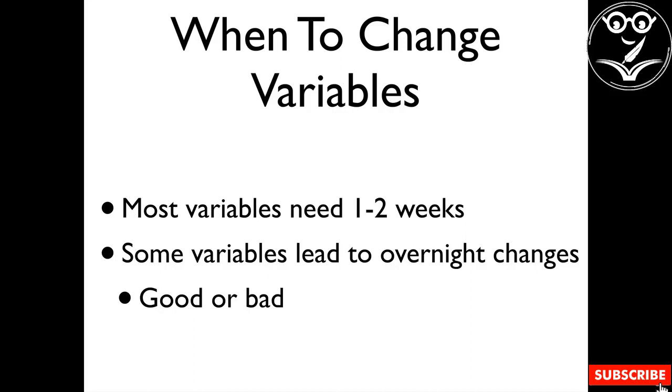So right when you notice the change, if it's good, keep it, possibly amplify it. But if it's bad, get rid of it. And you'll probably be able to notice whether something's good or bad in 1 to 2 weeks, or if it even had no impact whatsoever. That's probably the time frame in which you will know whether something had an impact or not.